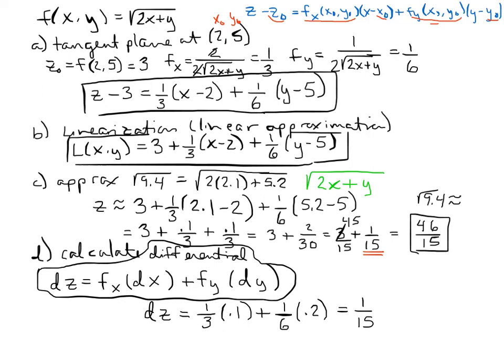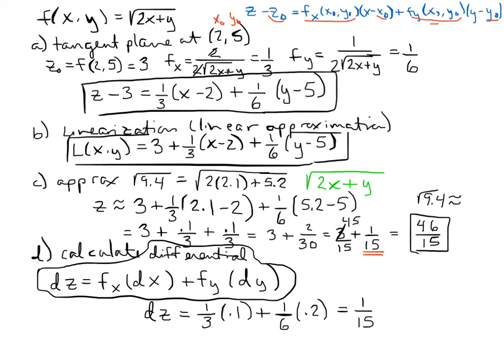You get that difference between the initial z value, the z value from the point, and the z value from the point that you're now trying to approximate. So notice that we have two different points going on here, an initial one and then an xy that we're actually trying to find the approximation for.